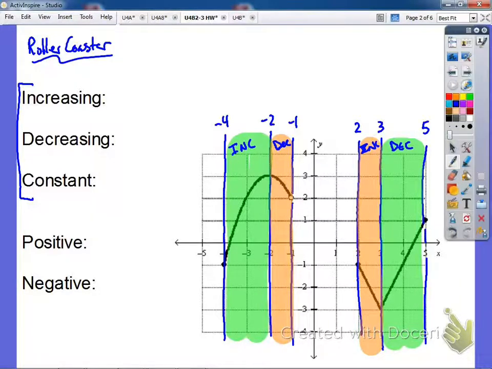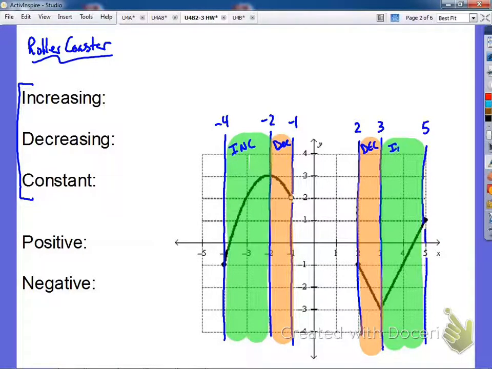Oh, excuse me, I am turned around. It is decreasing here and increasing here. All right? So, also notice that right here there's a solid part of the line. The curve is solid right there, and it's got an open circle here. It's solid here, and it's also solid here.